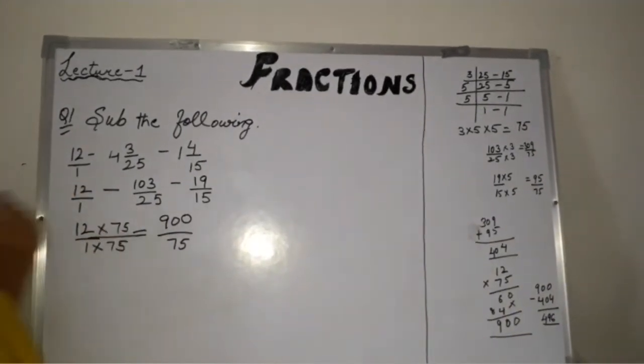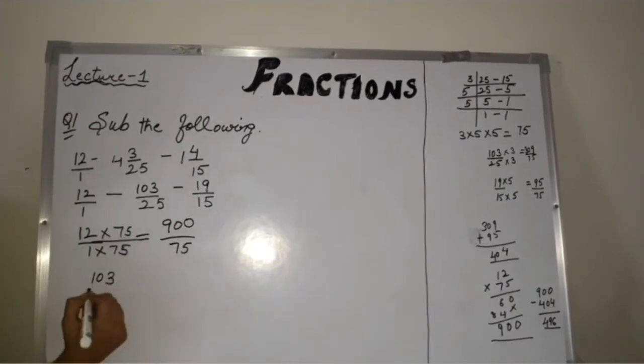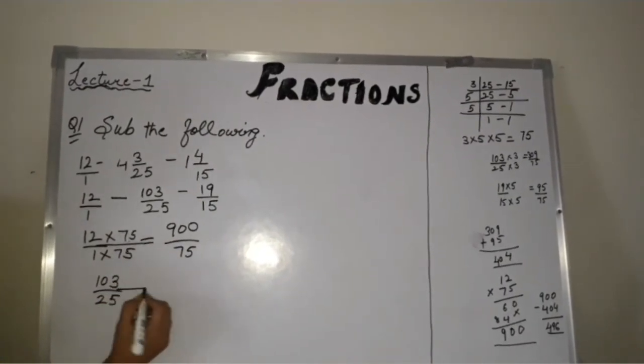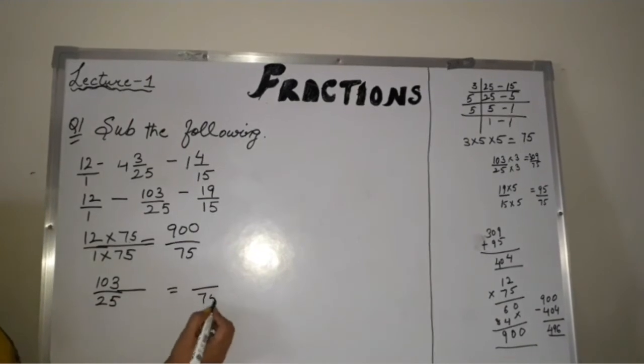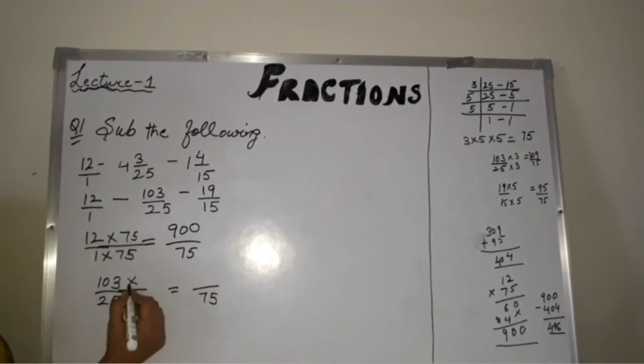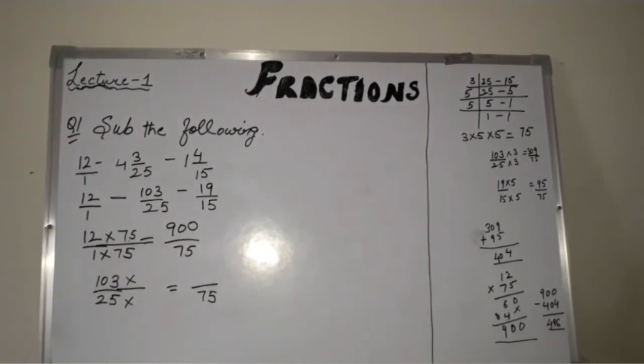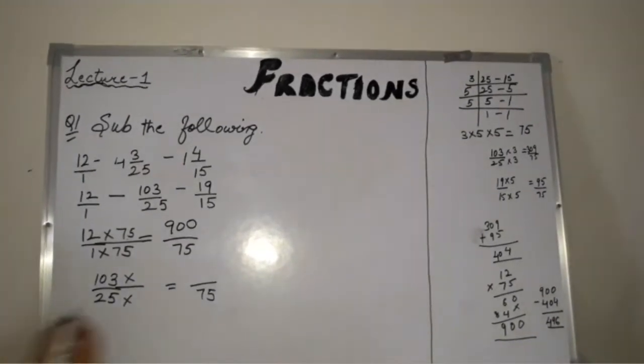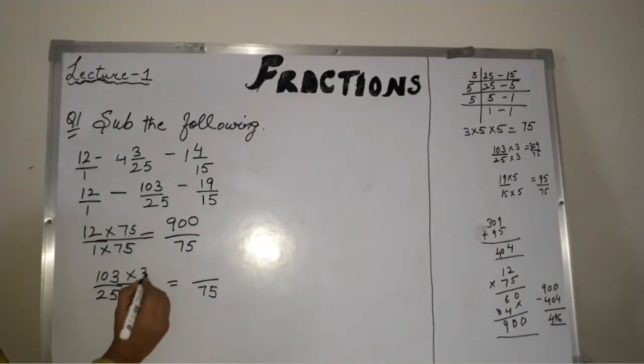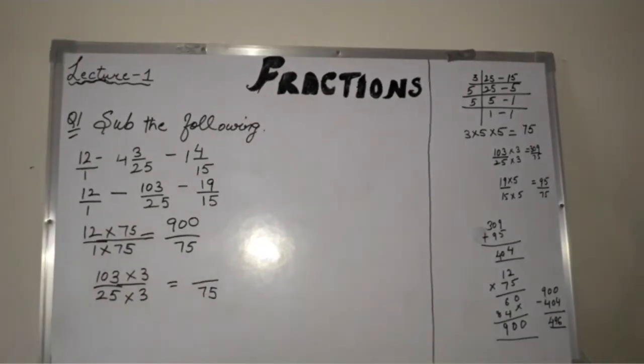Now I pick my second term, 103 upon 25. What should I multiply with the denominator so that I get 75? I have to multiply 25 by 3, and with the numerator also I multiply by 3.